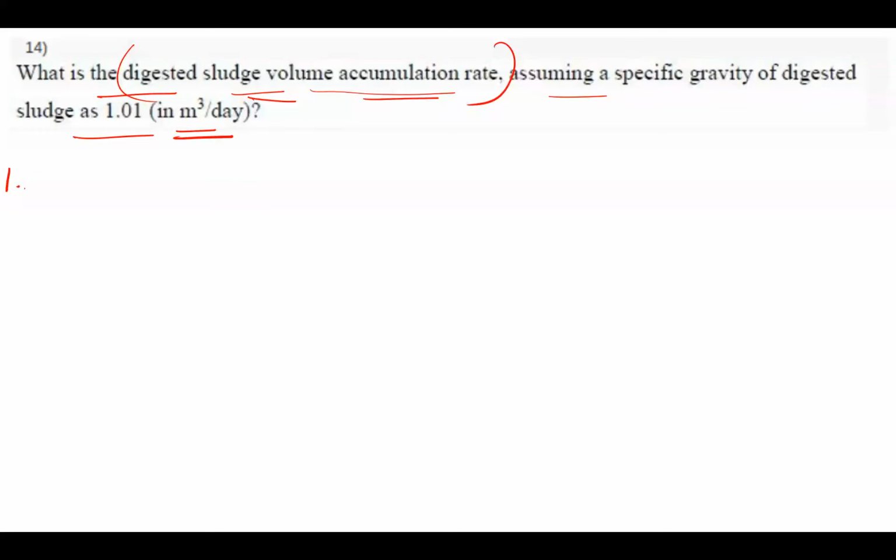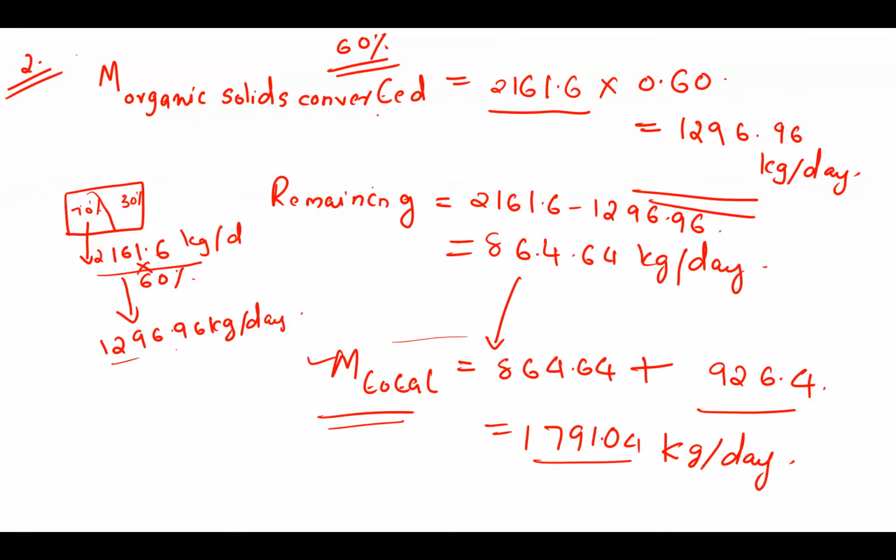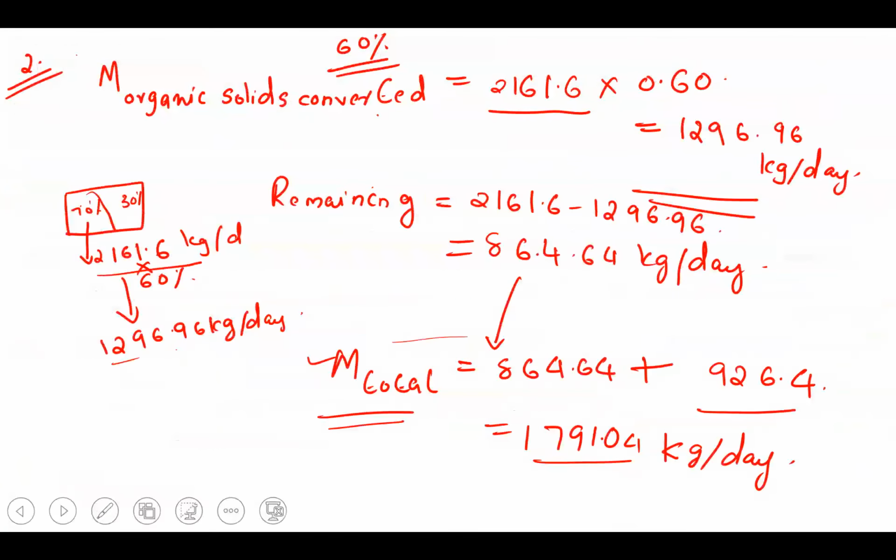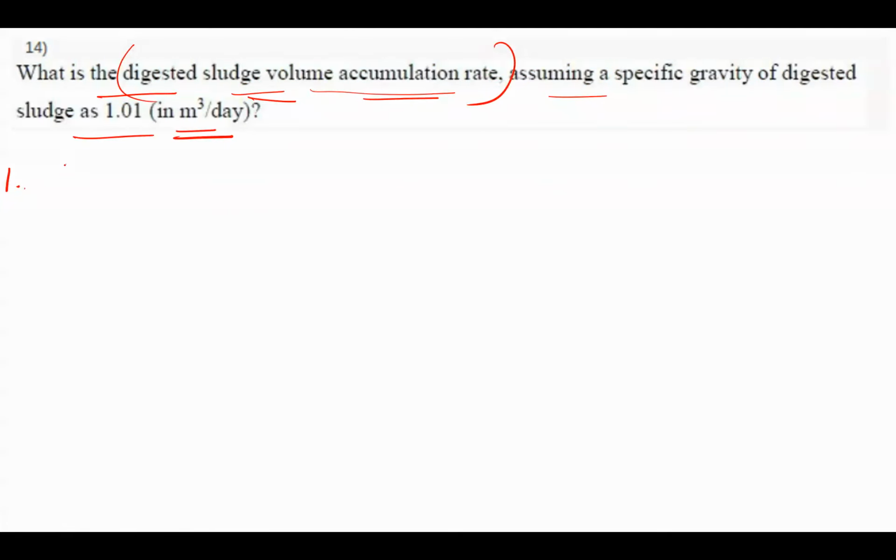So first we will write the answers that we got in the previous step. First of all, we got the total mass of the dry sludge, that means the mass of the dry sludge after 30 days of digestion.